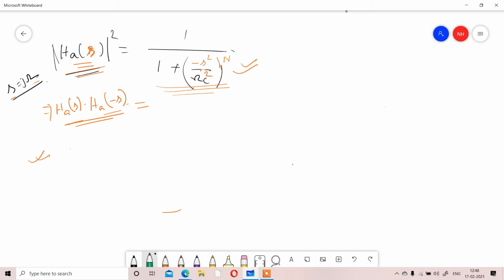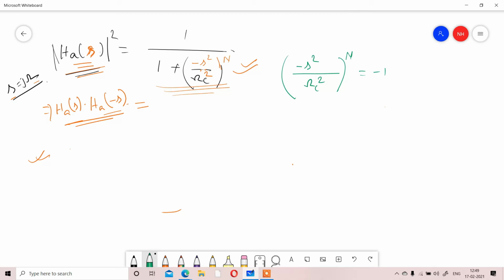That will be equal to 0. So minus s square by omega c square whole to the power n, that will be equal to minus 1. To calculate the poles, that must be equal to 0. That is the process we know.